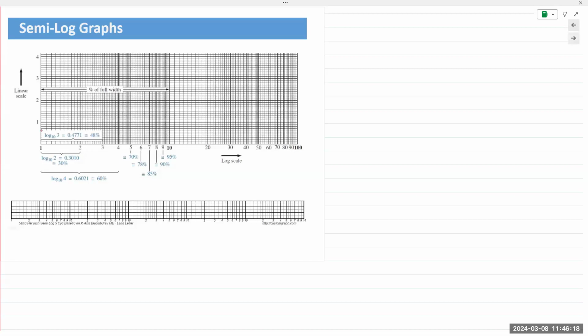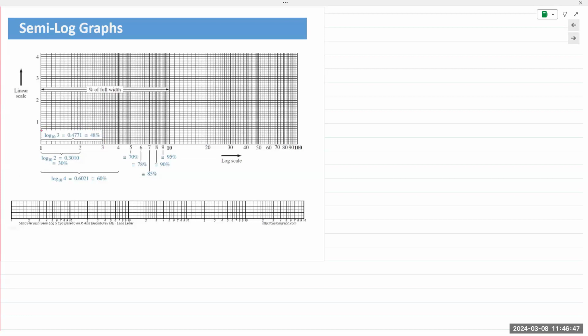The log scale, as the name describes, is a division that is spaced apart in terms of the log of that division. So going from log 1 to log 2, oh, by the way, there is no 0 on a log scale, right? If you think about it. So log 2, starting from division 1, gives you a space of about 0.3.